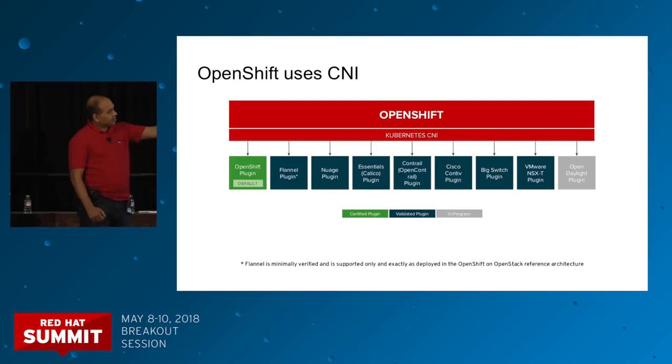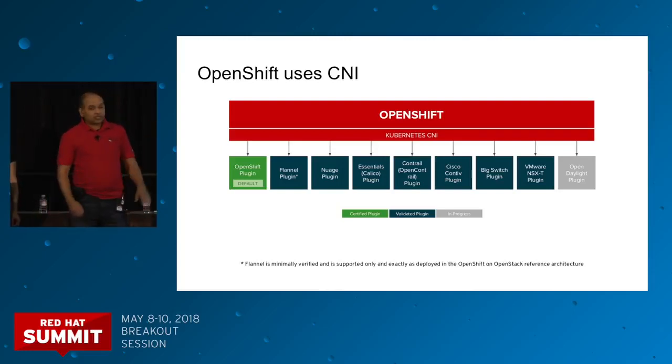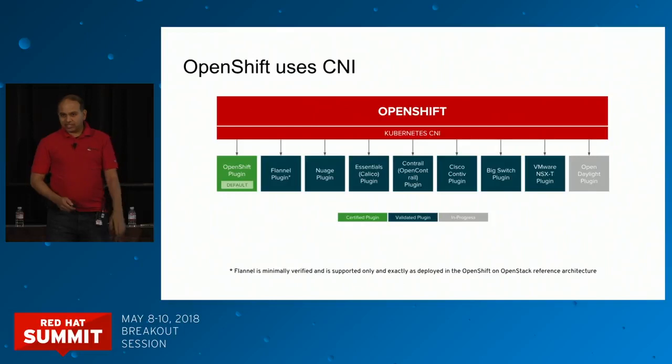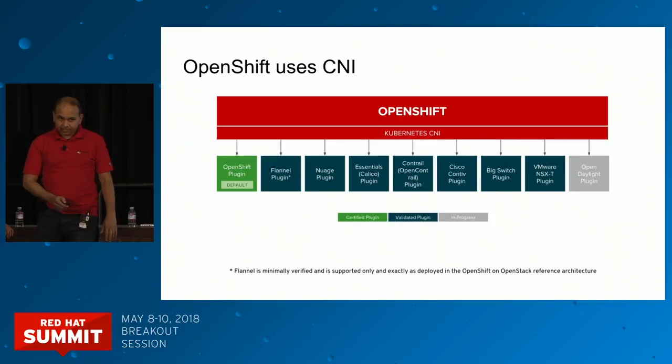And there are other plugins that are under development, which is OpenDaylight. So CNI is that standard which allows you to change these networking components as you desire. There is no specific favorite or anything, but we supply this, so you can use this by default. But our rest of the conversation is going to be focused on OpenShift's SDN, not the others.